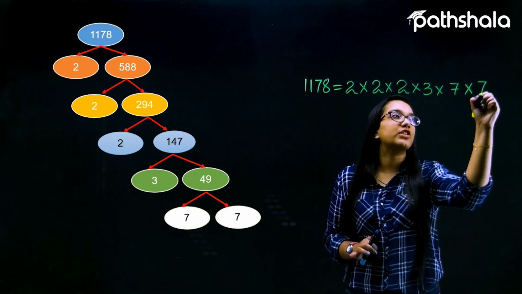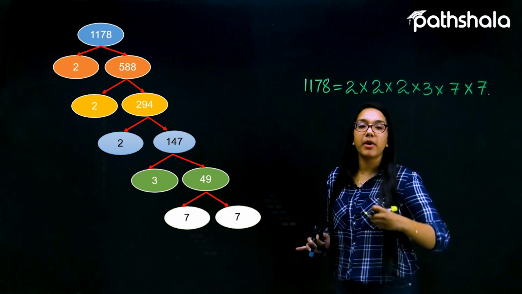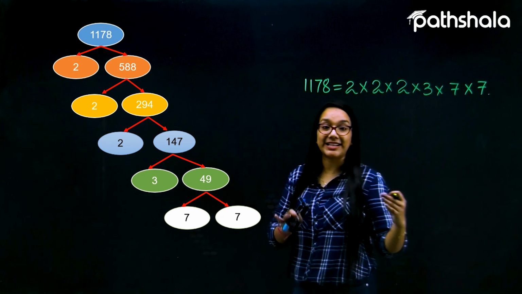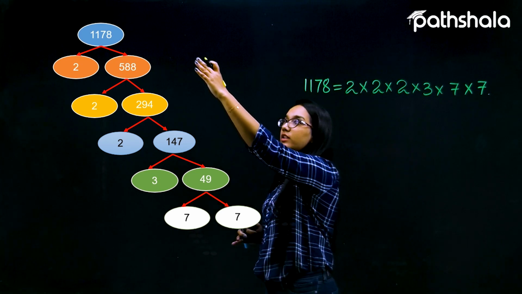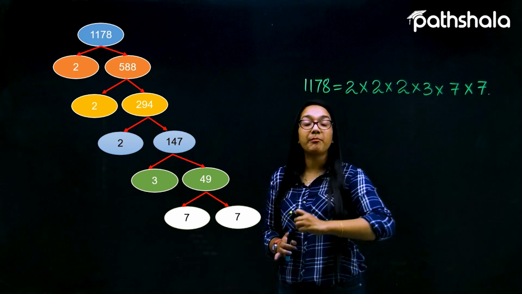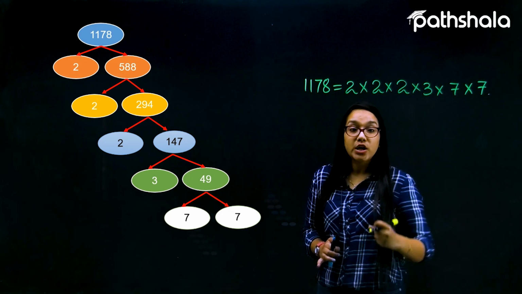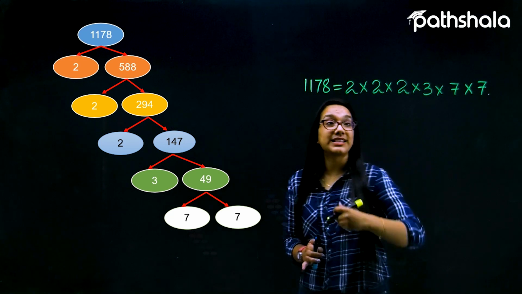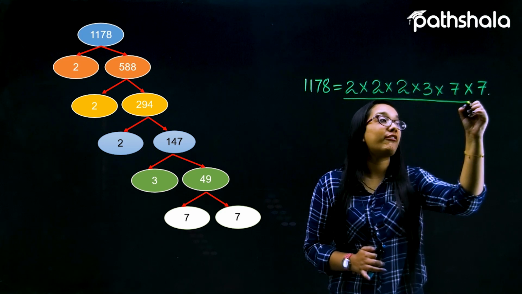This is the factorization of the number, and in earlier classes we called this formation a factor tree, in which we are finding the factors of the number 1178. So here we get the factors as 2 into 2 into 2 into 3 into 7 into 7.